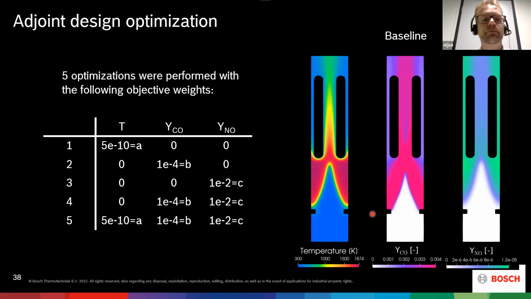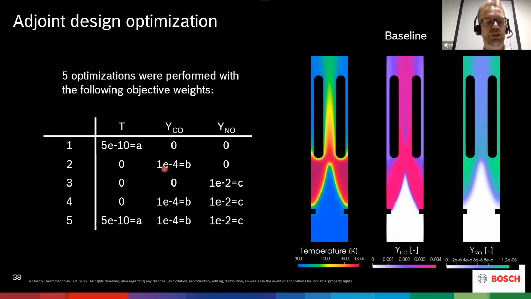So, the results of an actual adjoint optimization. In this case, we want to optimize this burner and heat exchanger configuration using a laminar, purely premixed methane-air flame. So in that case, we also have CO to minimize. The table at left shows the objectives that we want to minimize, and here the weight functions that we have used.